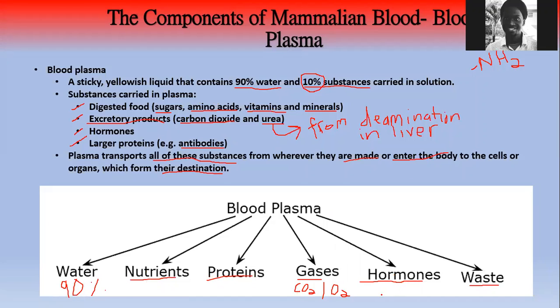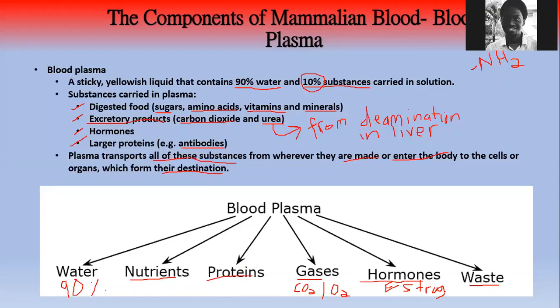The hormones would be things like hormones that govern the female menstrual cycle, like estrogen. When we look at reproduction, you would see what estrogen does. We also have progesterone, testosterone.